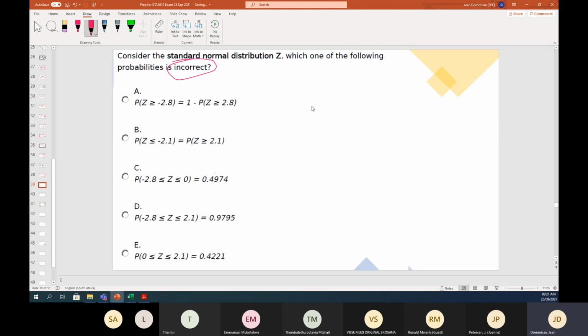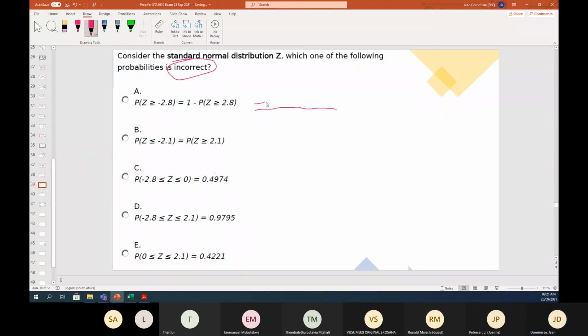So they ask us, and I always want to draw the diagram. In this instance, they start to ask us probability. Let me draw it so that it looks at least like a normal distribution.